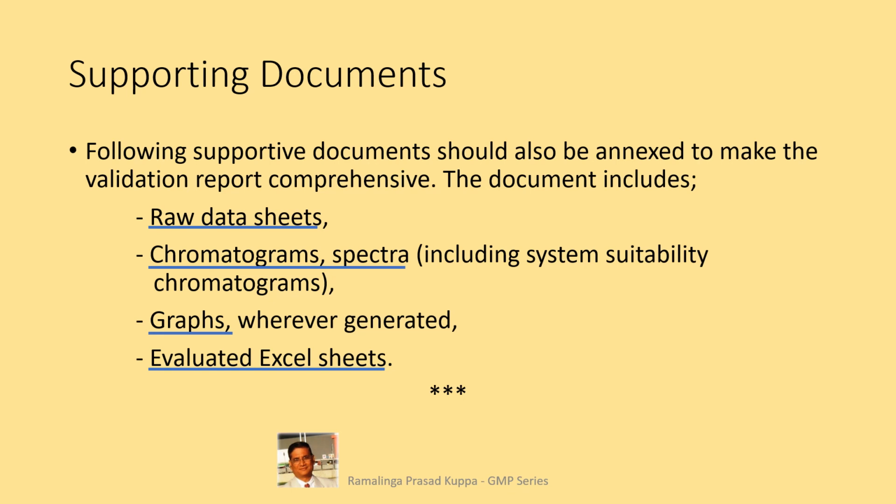I hope that the information on the statistical evaluation in this short video training program is useful. It is necessary to experiment with several examples to get a perfect hold on the evaluation techniques. Also, it is very important to read the USP 621 chapter thoroughly to understand the evaluation requirements.